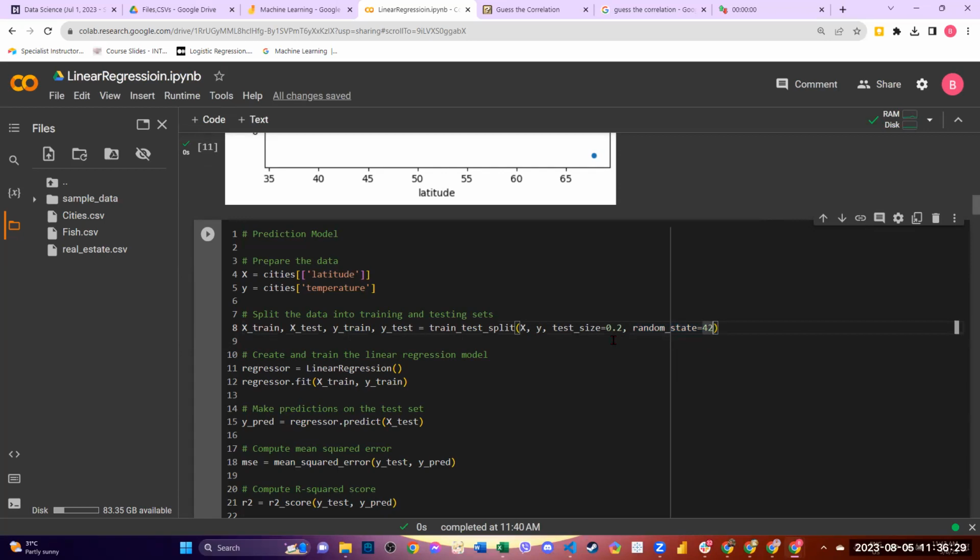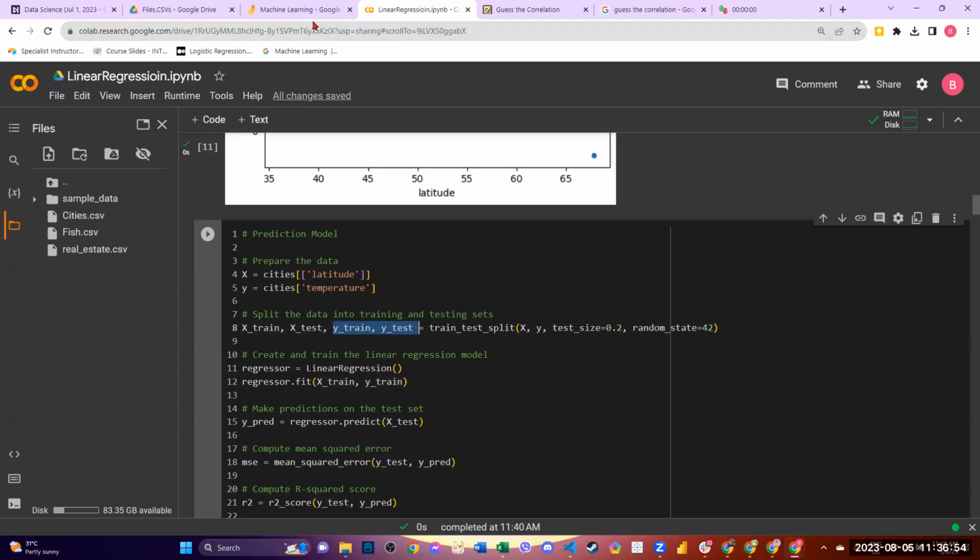All right? So what are we splitting? The values of X and Y that we placed here. Now, what will happen there is we have X train, X test, Y train, and Y test.